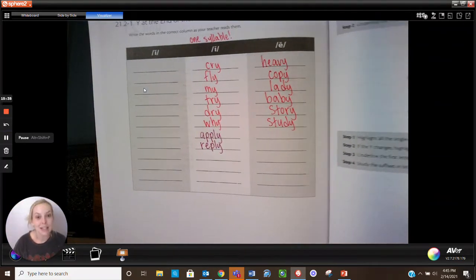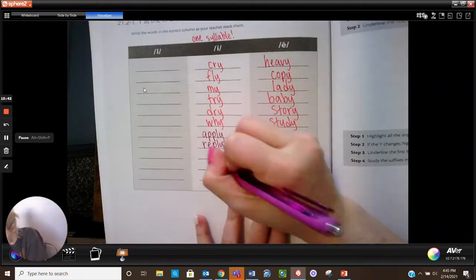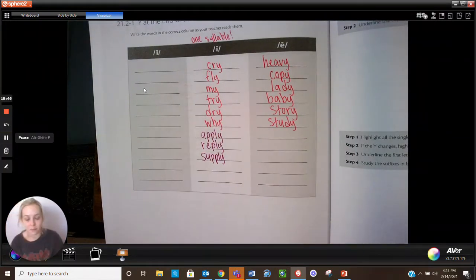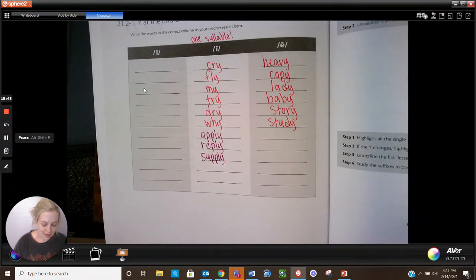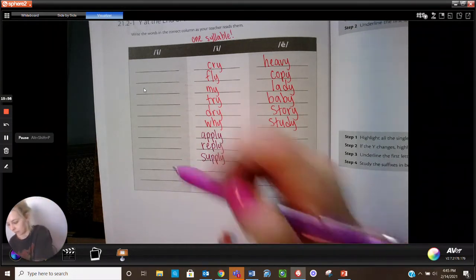Next is supply, supply. And last is simplify, a word you'll hear a lot in math. Simplify.